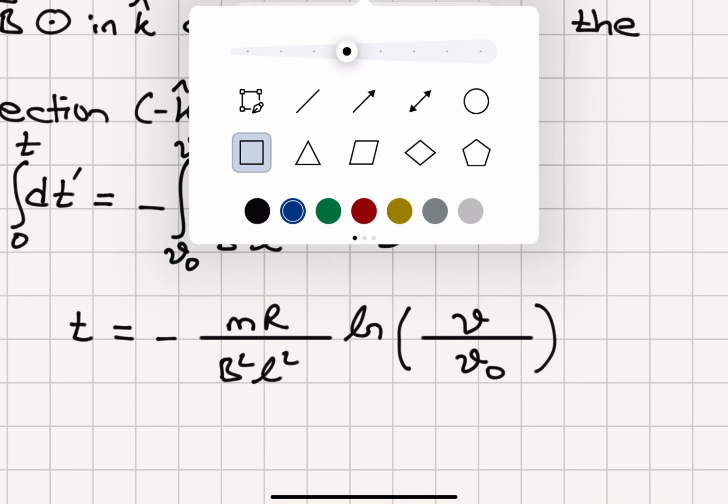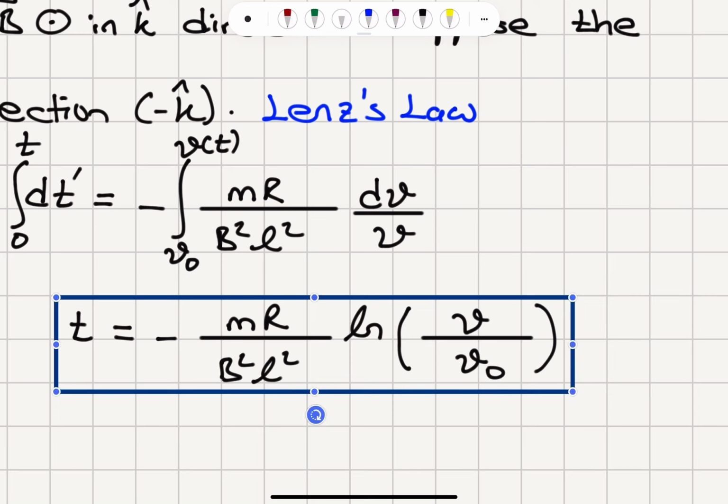So that's how I should calculate the time it takes to reduce the speed.